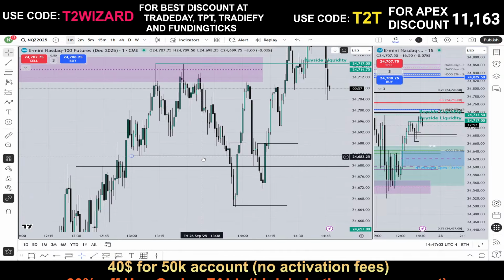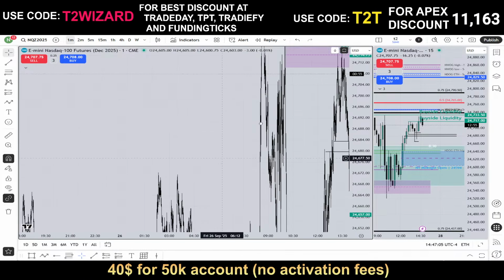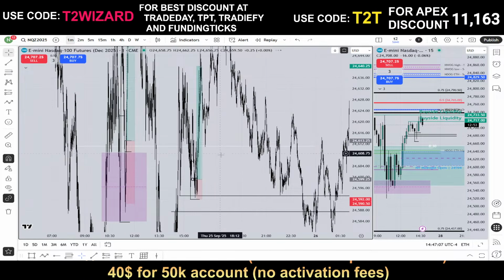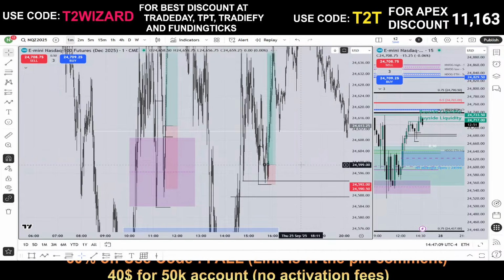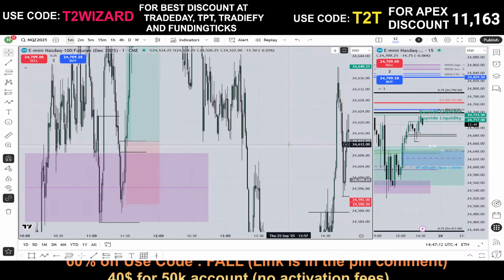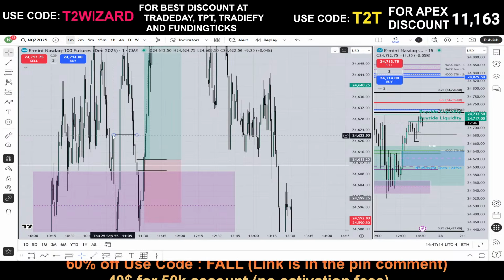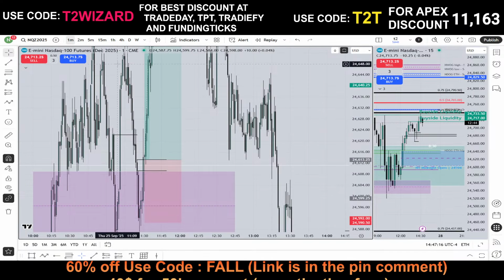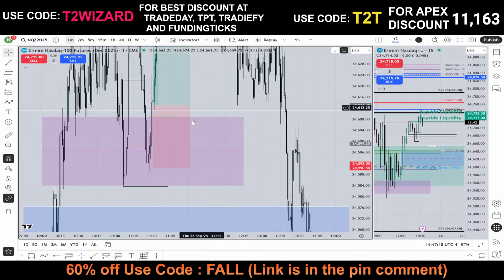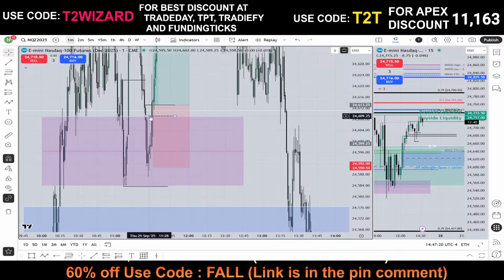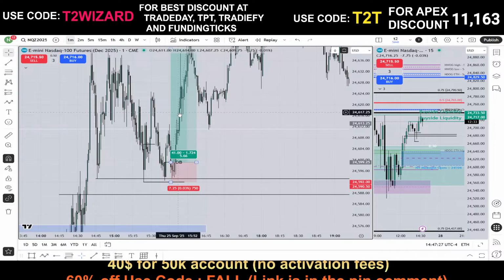Remember the first time, what happened over there? Made the order block, didn't trade the order block, market went higher. Later it came back, I was observing this low, I keep saying that based order block.